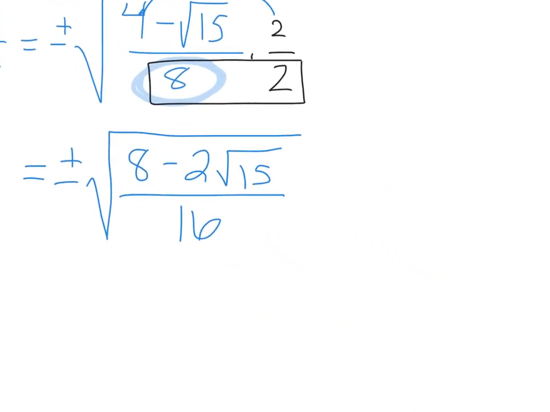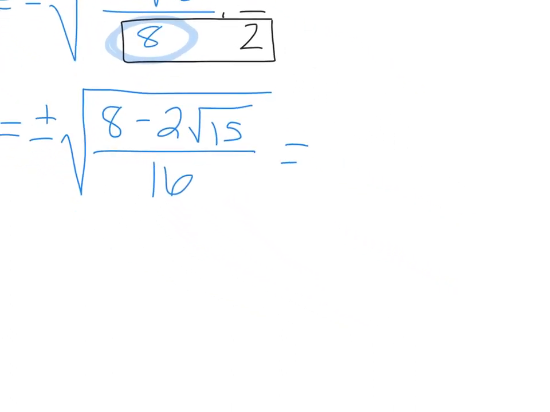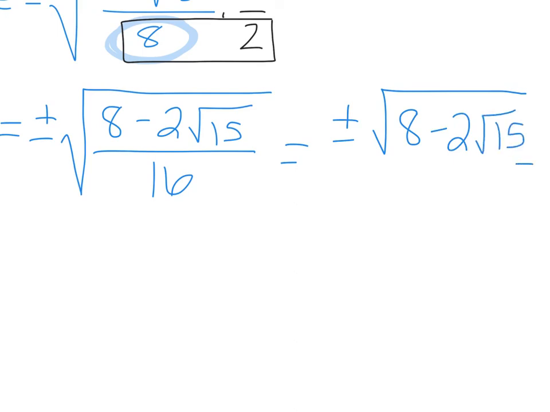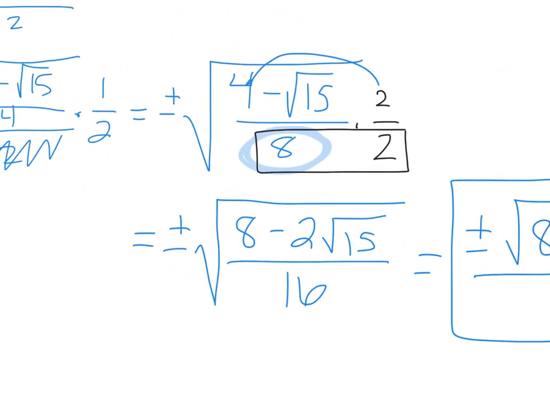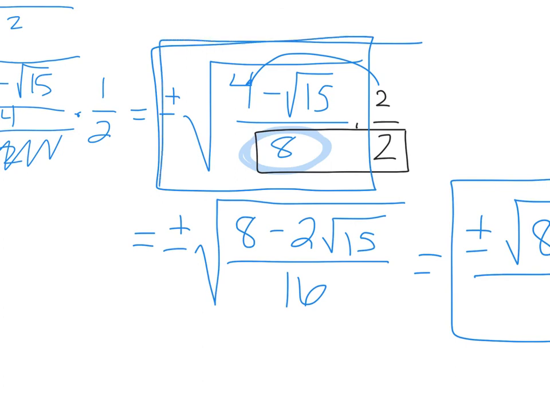Okay, so now 16 is a perfect square, so the square root of it comes out of the radical and just becomes a 4. So that is how your book will represent this answer, because they don't like having radicals in the denominator. Now me, this is perfectly okay for my algebra classes to do.